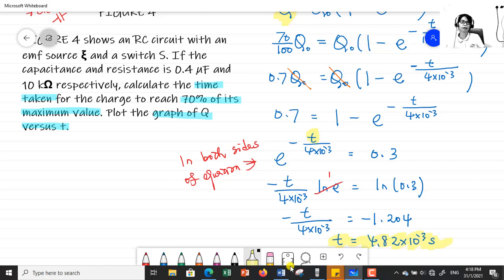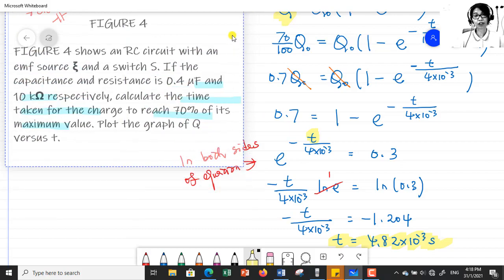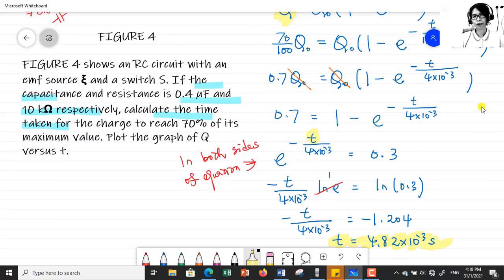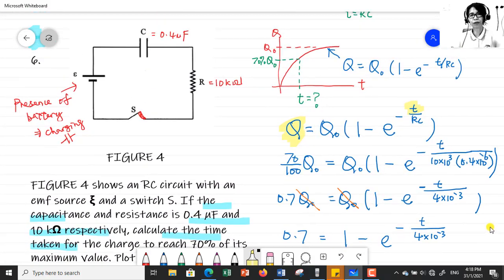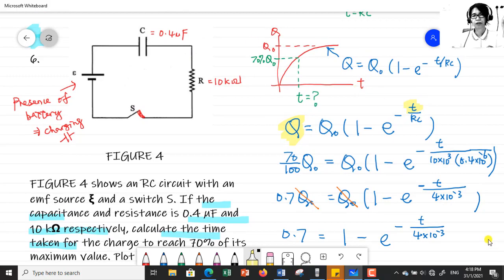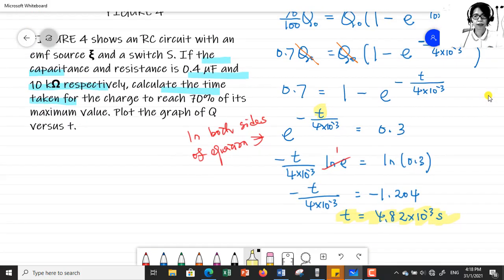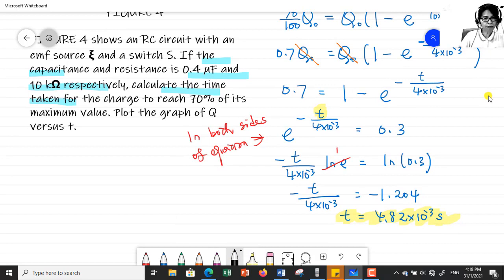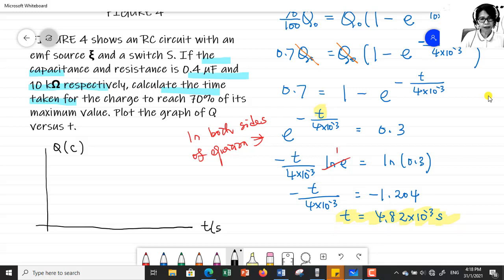After that, we want to plot the graph of Q against time. Actually, we already sketched the graph when we got the idea to calculate the time. The graph will be the graph for the charging process. Q is in coulomb, time unit is second.